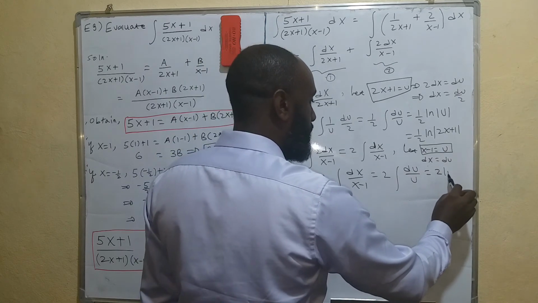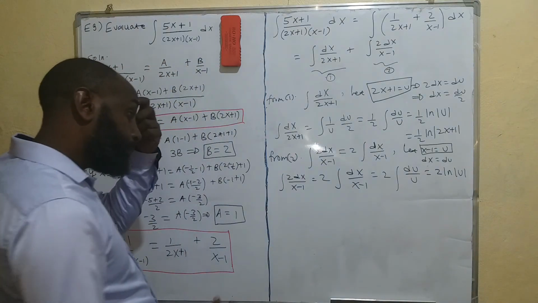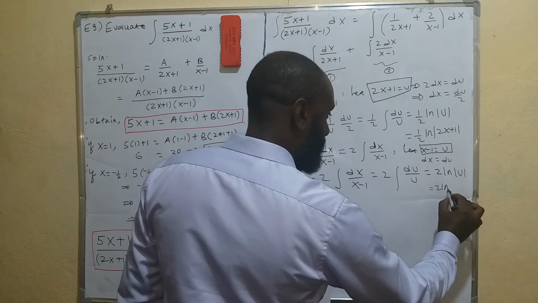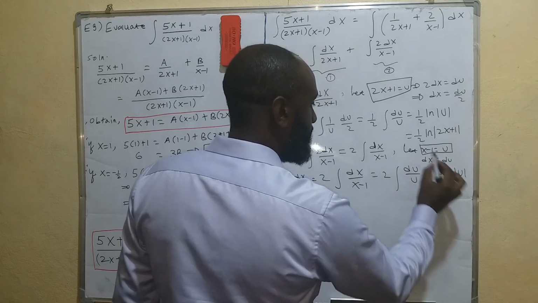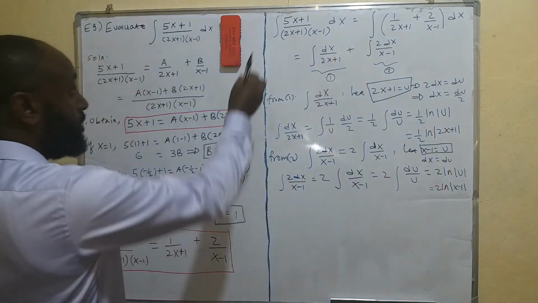This is simply 2 ln absolute value of u, and u is x minus 1.